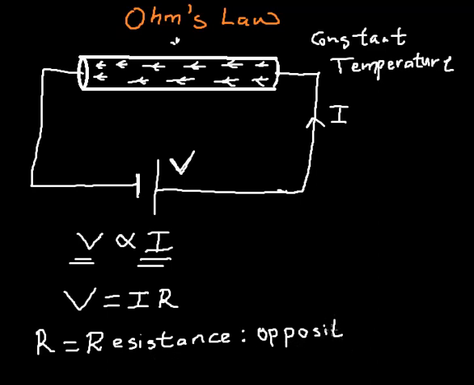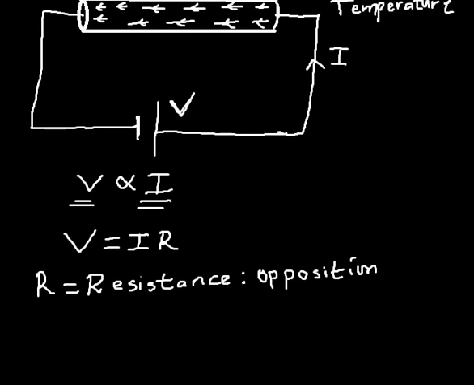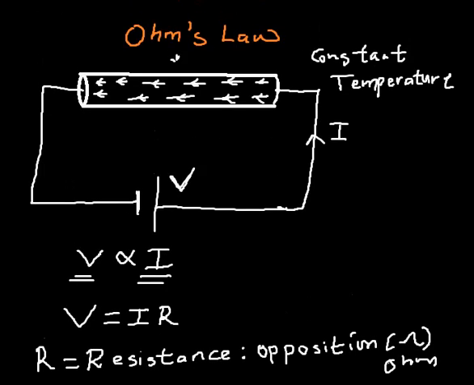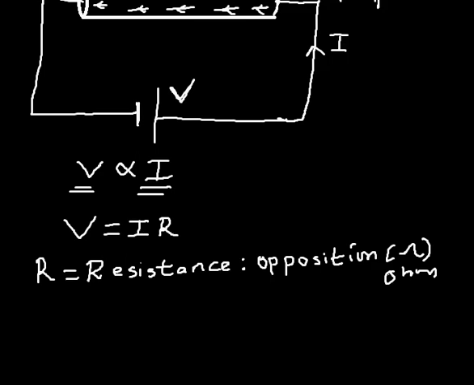So, opposition to the flow of current. Of course, the resistance is measured in ohm. We know that already, from Ohm's law. So please take note of that.